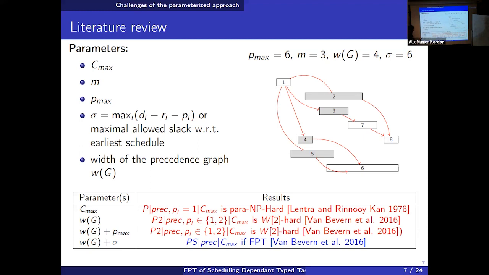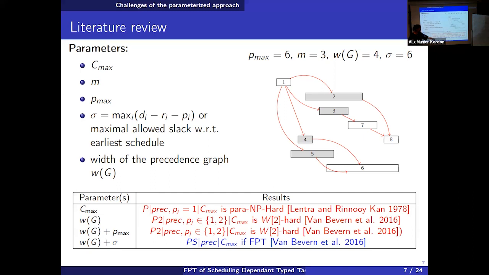Now, if we consider both the width and the Pmax, so we have a couple of parameters, the problem is still difficult. But this is interesting: if we consider the width and the slack, then for RCPSP, which is not a type task system, you have several types of machines, and the task can need several machines of several types.